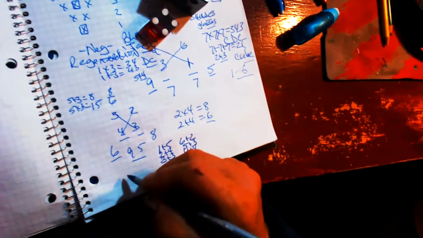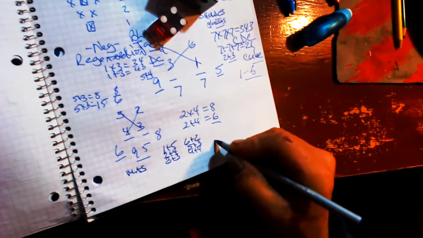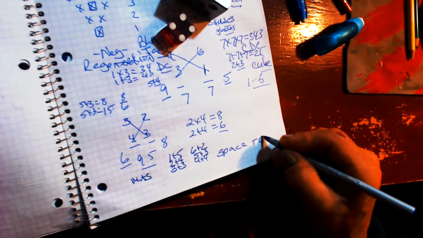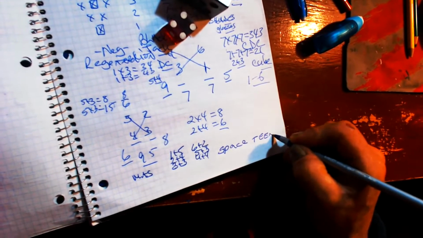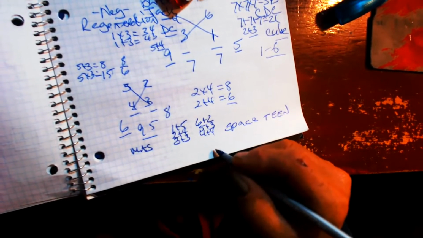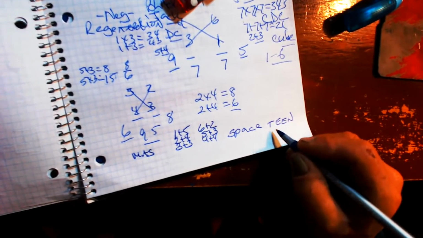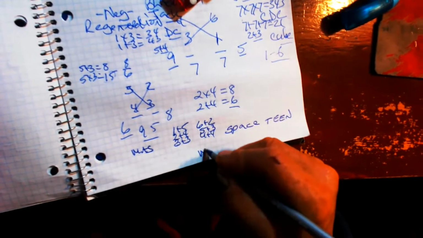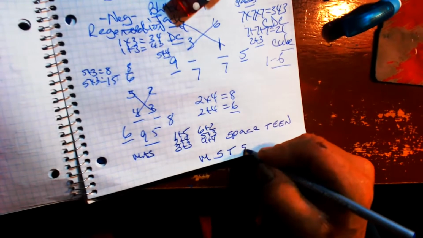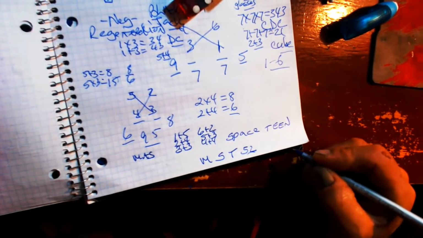So this, mass space teen, MST, MST, MST, 52, Earth.